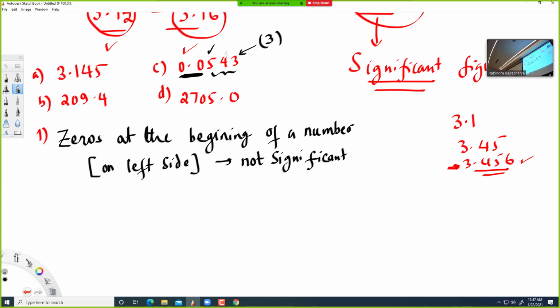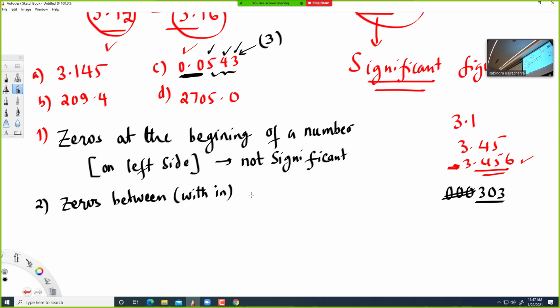So 5 is significant, 4 is significant, 3 is significant. Likewise, if you have 0.000303 like that, these zeros are not significant. You only have 3 significant figures. The second rule: zeros between or within numbers are significant.